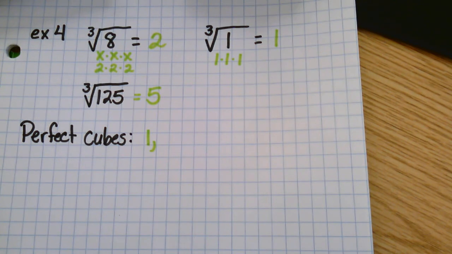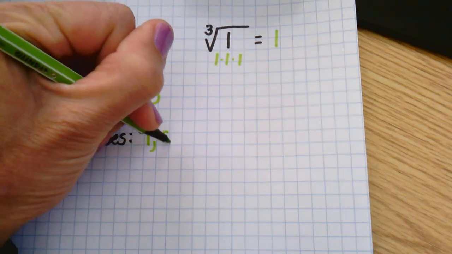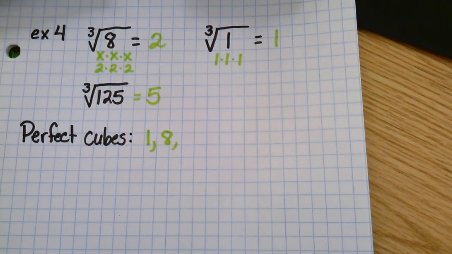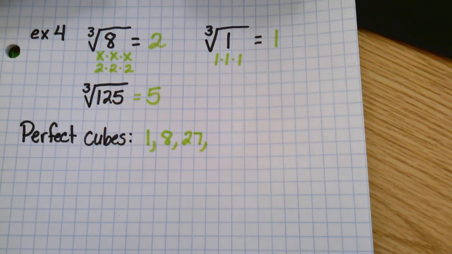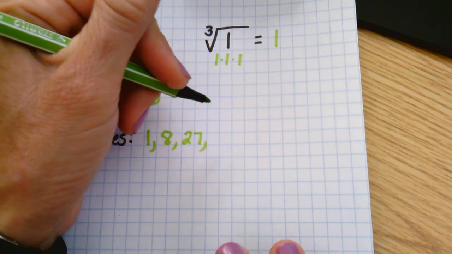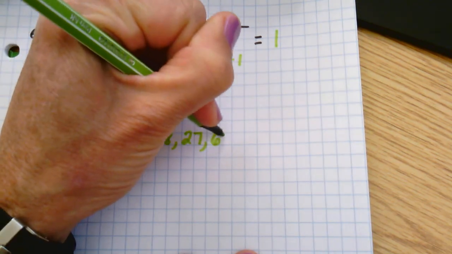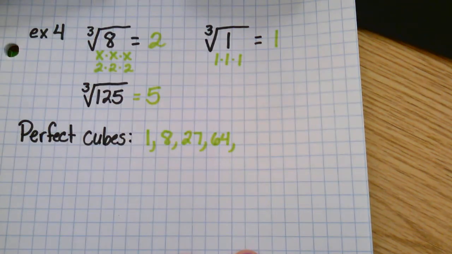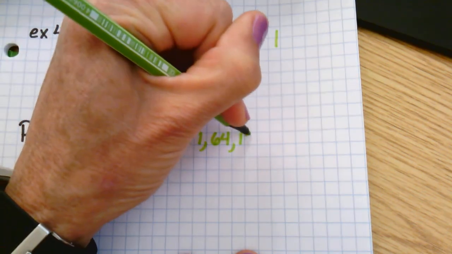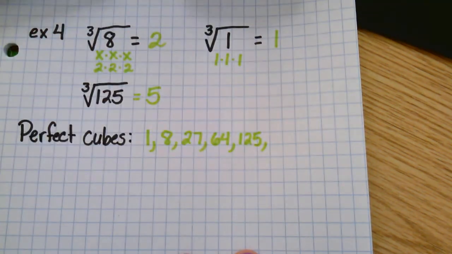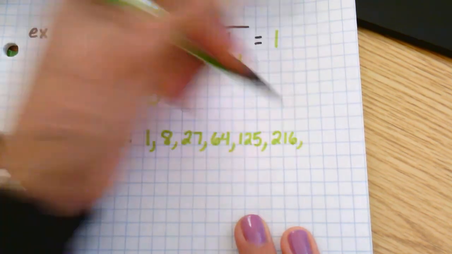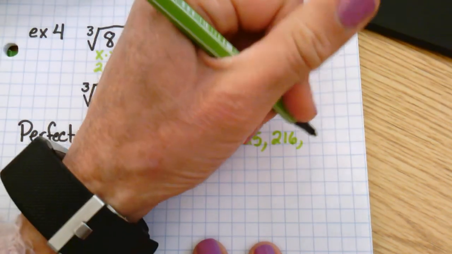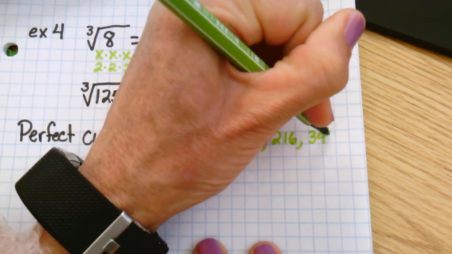Also, 2 times 2 times 2 is 8. 3 times 3 times 3 is 27. 4 cubed, or 4 times 4 times 4, is 64. 5 cubed is 125. 6 cubed, 216. 7 cubed is 343.